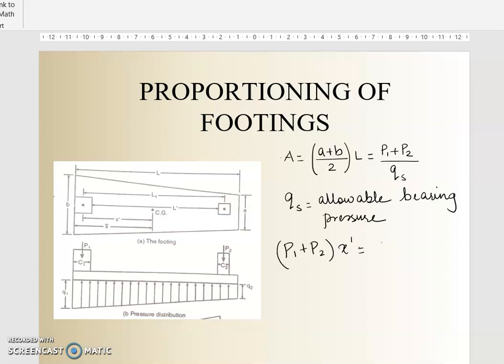P2 is acting here, at a distance L1 from P1. So what is this equation? Basically, we are taking moments about the center of C1. So in other words, we get x dash is equal to P2 L1 upon (P1 plus P2).